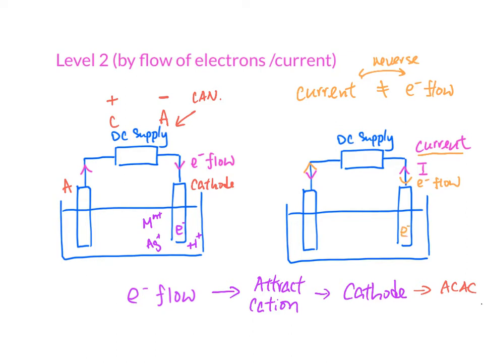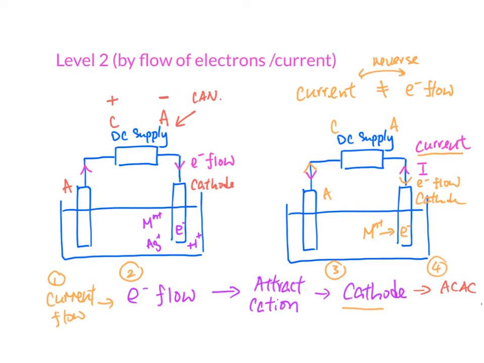When electrons come here, the cation will then move forward. So therefore, we will know that this one is cathode, anode, cathode, and anode. So remember, when you're given current flow, you convert it to electron flow first. Then you will know which one is a cathode, and then by ACAC. So this one is level 2: when you see electron flow or current flow given to you, you can identify the cathode and anode.